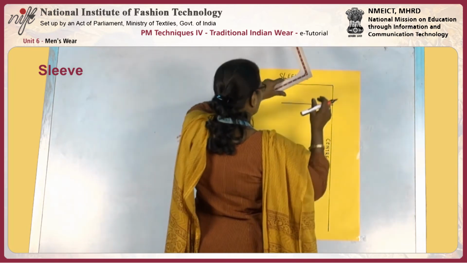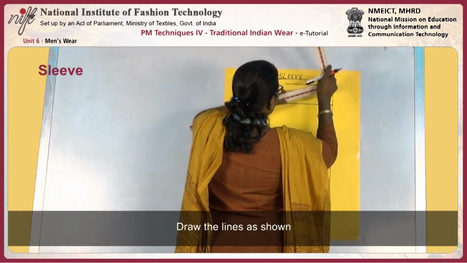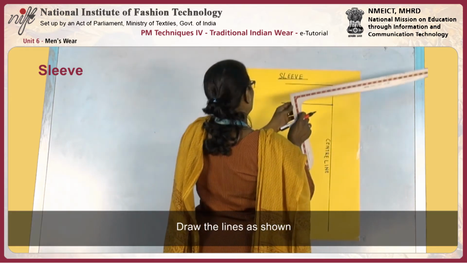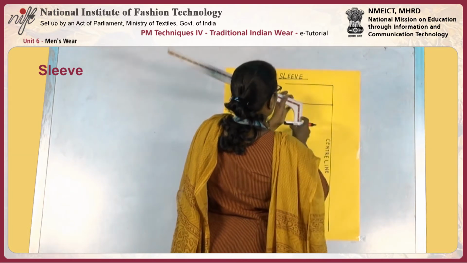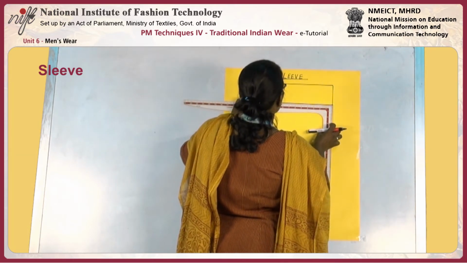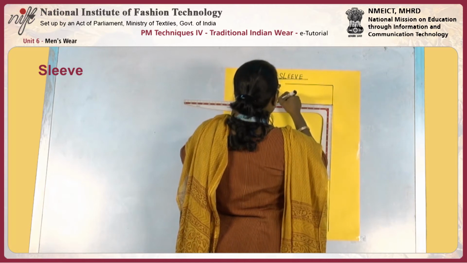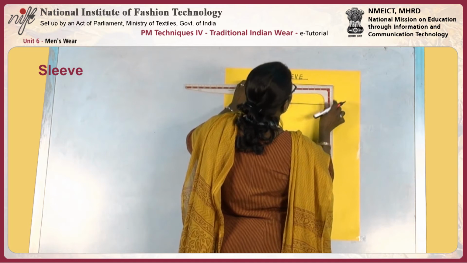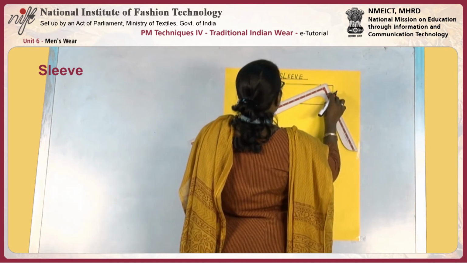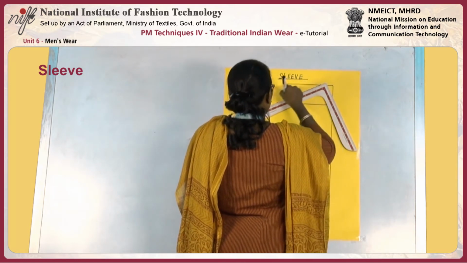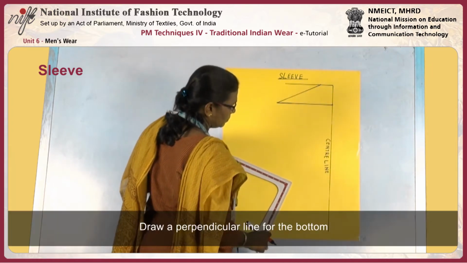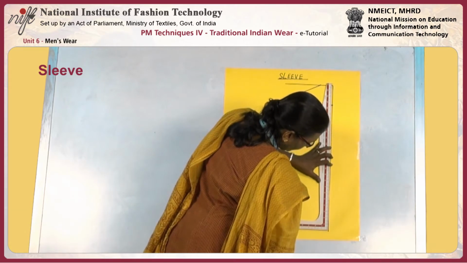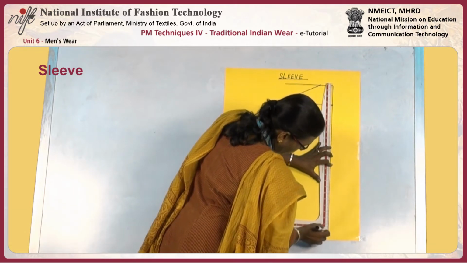Now take this measurement as 1/4 of chest, 9 inches, and mark 2 inches from here and connect this point, and draw a perpendicular line for the bottom also.